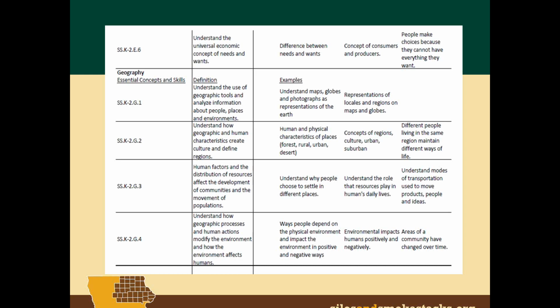Now, if you're making a cumulative program, if you're just talking to a second grade teacher, you can just say, I can meet geography skill concept 1 in that area. They will know. You don't need to go through the SS K through 2 portion of everything. So hopefully that makes a little more sense.